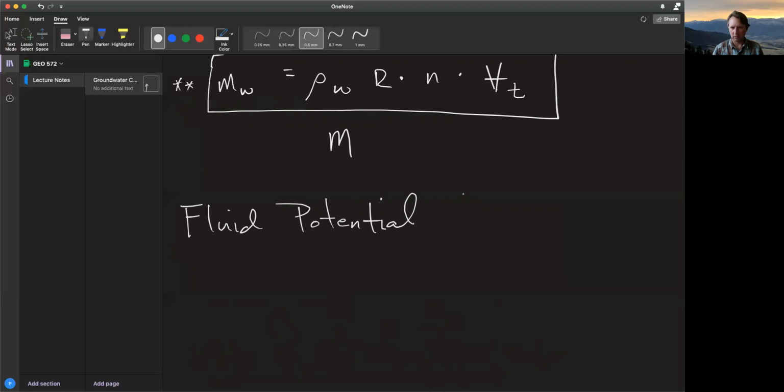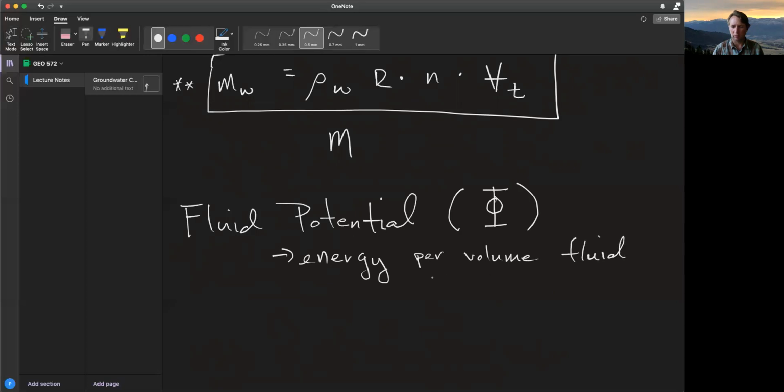All right, and that driving force, it turns out, can be described with a property called fluid potential. All right, and fluid potential is, in general terms, the total energy per unit volume for the fluid.